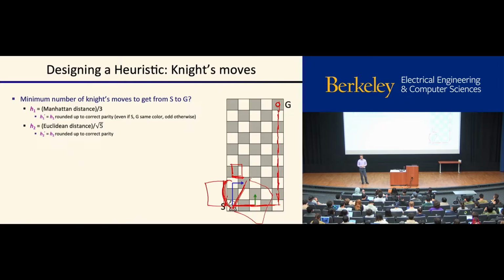Divide what by 3? So we could take S's y position, subtract that from G's y position, and divide by 3. Why would we divide by 3? Okay, so now first it's 3.